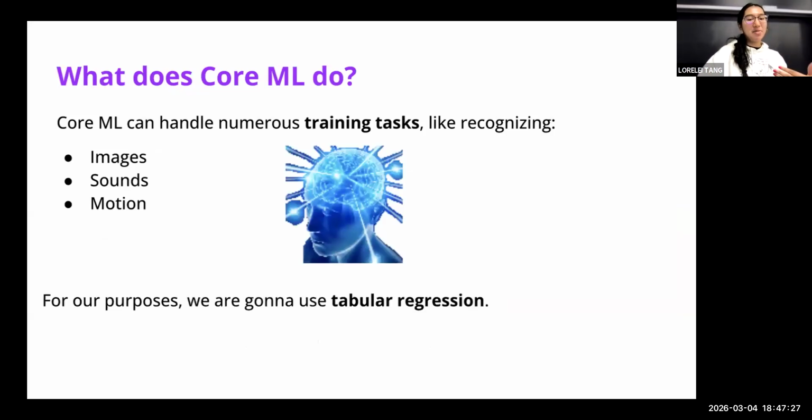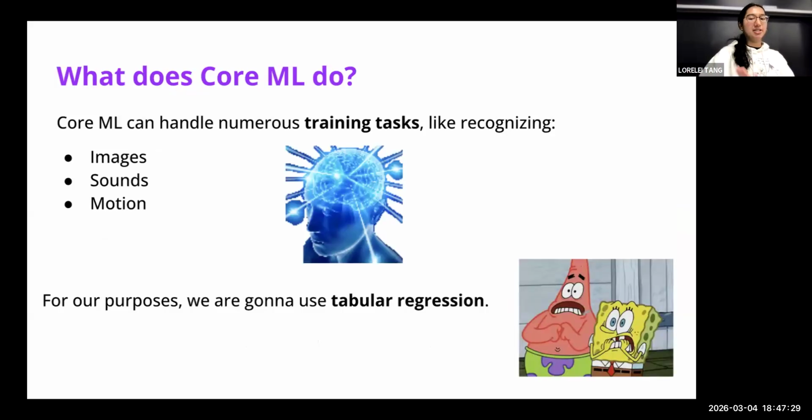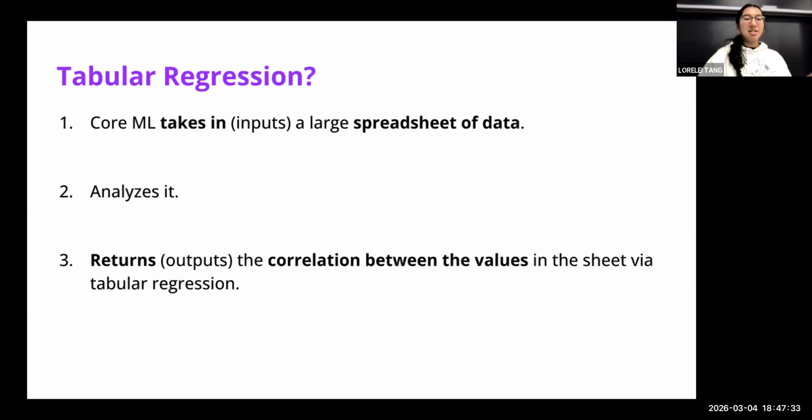But with our Core ML, it's going to be tabular regression, which sounds scary. It's not. I'm going to break it down for you guys. Tabular regression is literally just analyzing an Excel sheet. So it takes in a large spreadsheet of data, Excel, Google Sheets, where you have like a column of input or before and after, something like that. Just a regular Excel sheet.